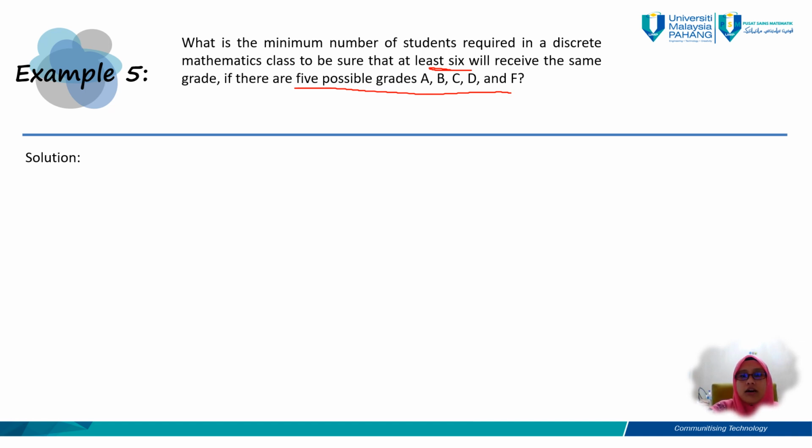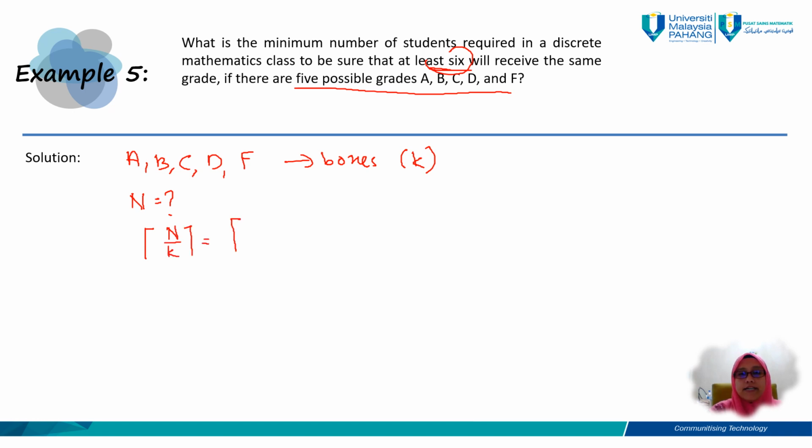We have 5 possible grades: A, B, C, D, and also F. This will be our boxes, or K. And then what are our objects? N. The object is the number that we are going to find, where the answer that we get is at least 6. That means using the formula N divided by K.